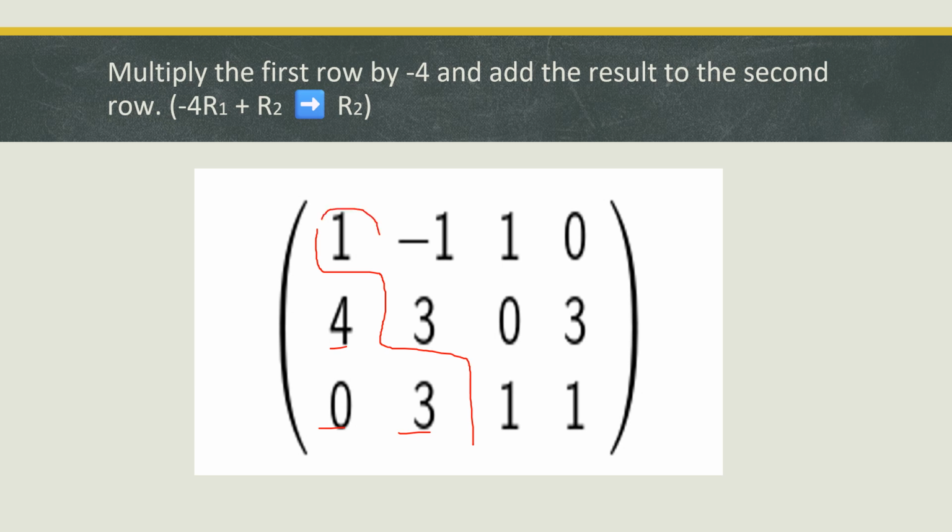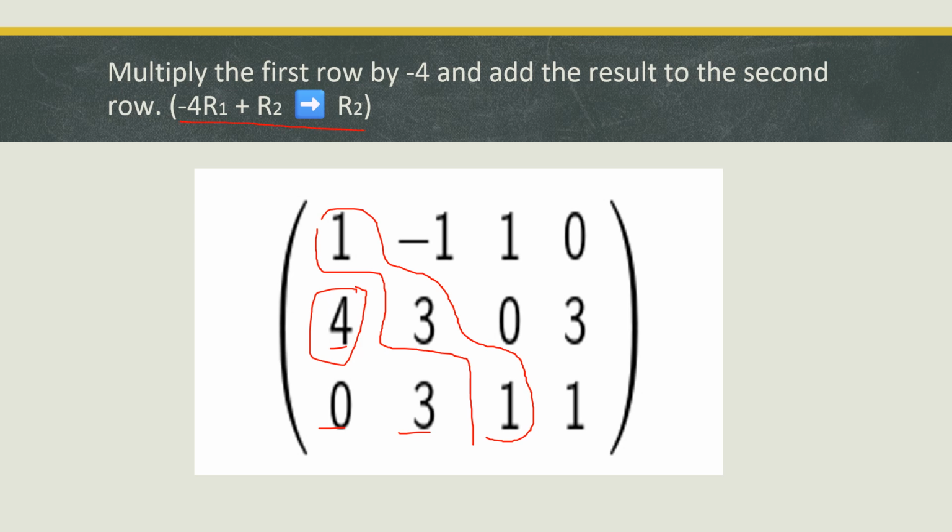Our goal is to make this a leading coefficient of 1. But our first goal is to make the 4 into 0. That's why we have this elementary row operation.